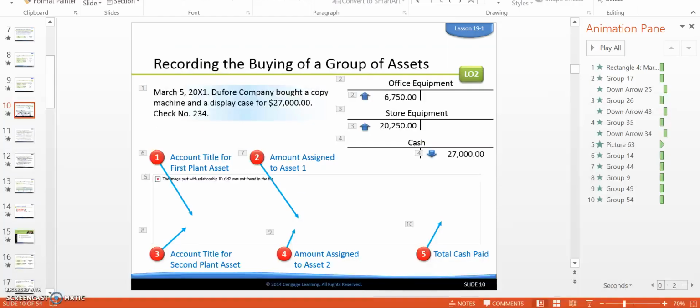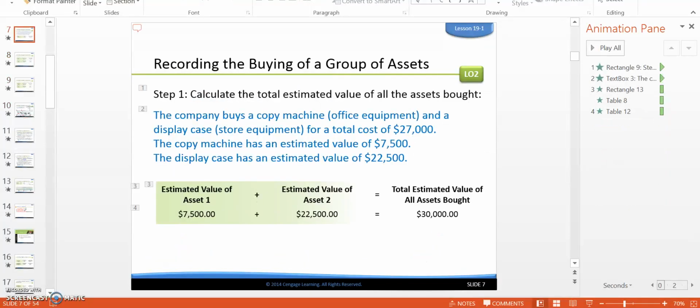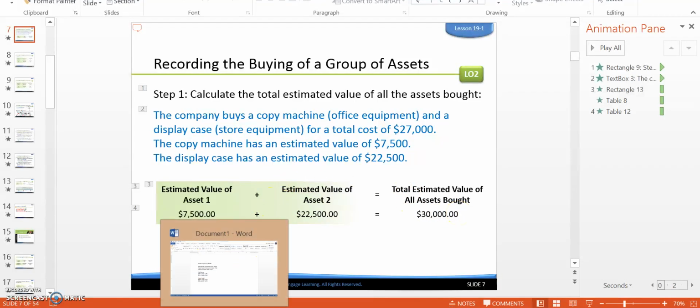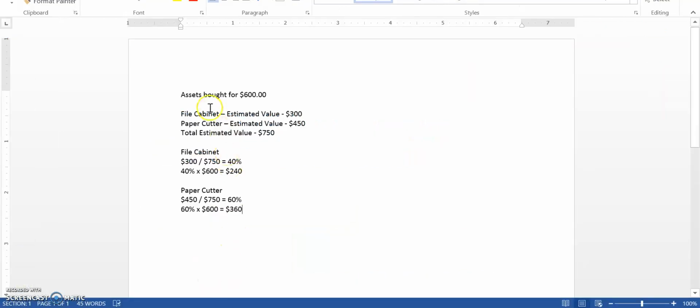And then this again is where we have to follow those 3 steps. So in your PowerPoint, it starts on slide number 7. And we have to do step 1, which is to figure out our total estimated value of all of our assets bought together. So I did this on a separate Word document here so you can see. Remember that we bought them for $600, but it said that our file cabinet estimated value was $300 and our paper cutter estimated value was $450.